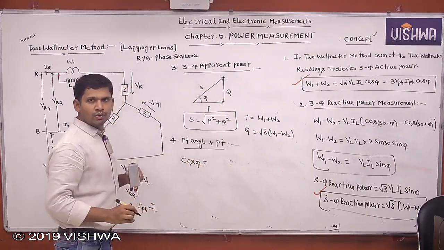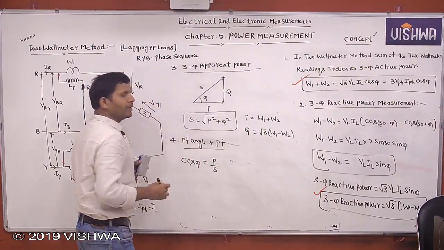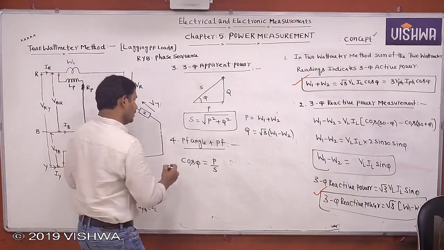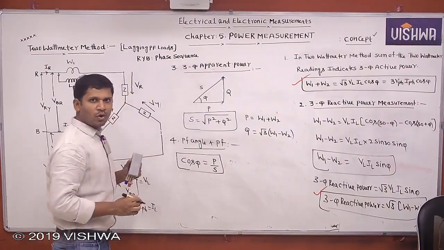Cos phi equals P by S. This is one formula you can use. This is cos phi equals P by S, active power by apparent power.